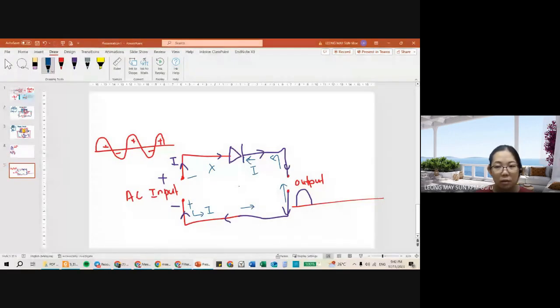So there is nothing appearing down here. And then when it switches back to the top part positive, it will appear again because of forward bias. So when the bottom part is positive, nothing happens at the output, and when the top is positive again, there's output again. This is known as half wave rectification.